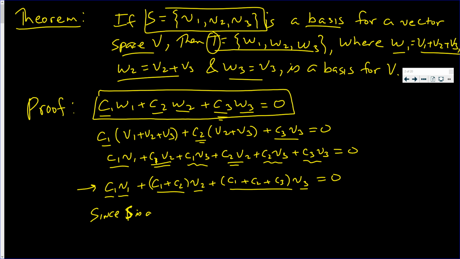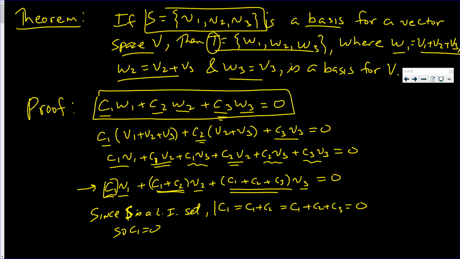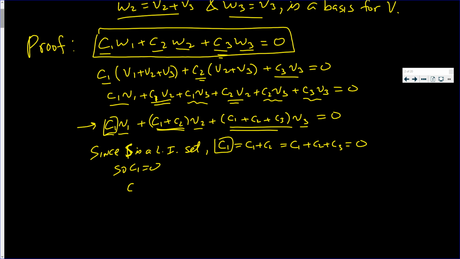Since S is a linearly independent set, the coefficient C1 must equal 0, C1 plus C2 must equal 0, and C1 plus C2 plus C3 must equal 0. So C1 is 0. But now we just have the domino effect.